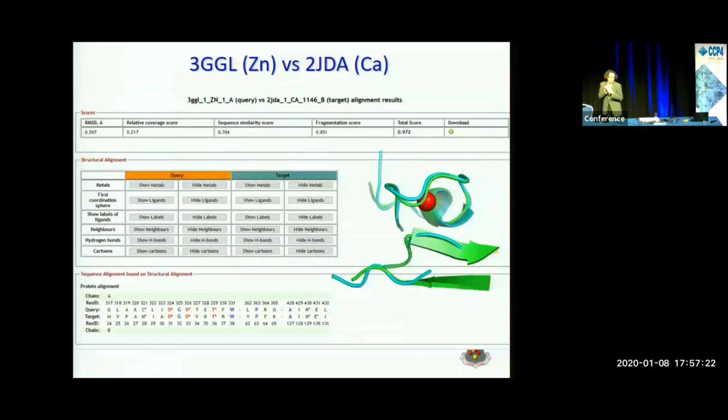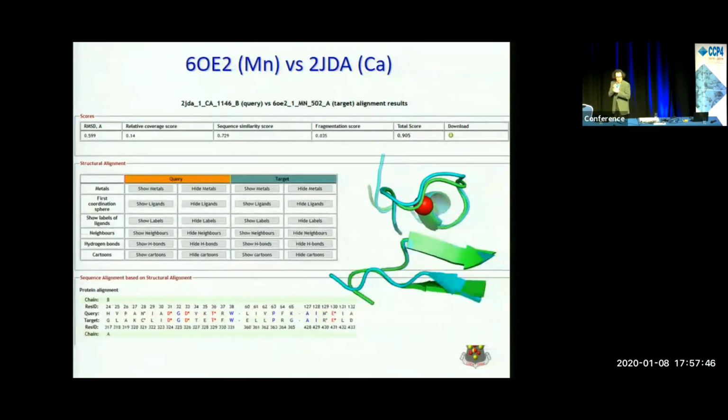Naturally, you can look at the superposition of these various sites, and you see that they are all identical. So 3GGL is the original structure versus one of the calcium binding structures in that cluster. And you see that the superposition is very similar, although the beta sheet is slightly different in the zinc binding structures.